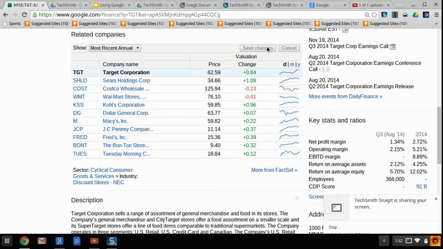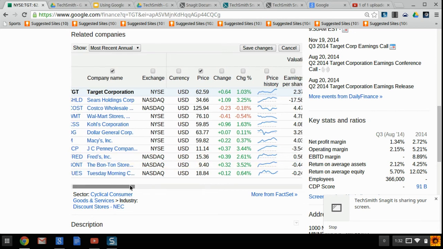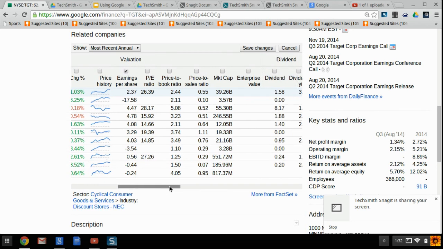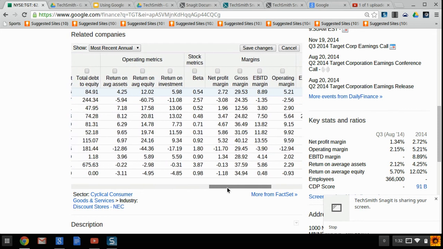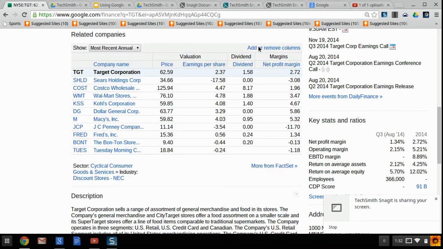So when I click on add or remove columns, I'm going to get rid of this price history and the change, and add in what I want: earnings per share, dividends, and net profit margin. And then I'm going to save my changes.